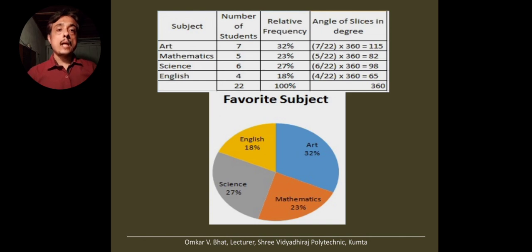So smallest slice in this pie chart is the slice with orange color. That slice represents subject English, and relative frequency of this is 18%. Only 18% of the students liked this particular subject. So in this manner, you can draw any meaningful inferences from the pie chart very easily.